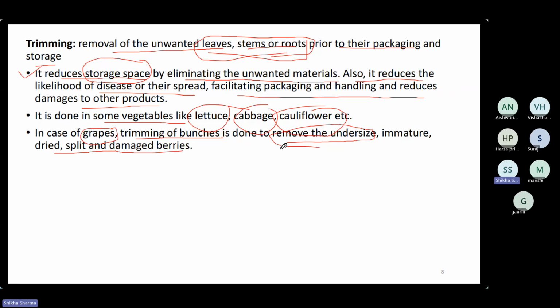So when we are trimming the grapes, the undersized and immature fruits, the berries or grapes which are already dried, or split, or damaged ones, will be removed, right?